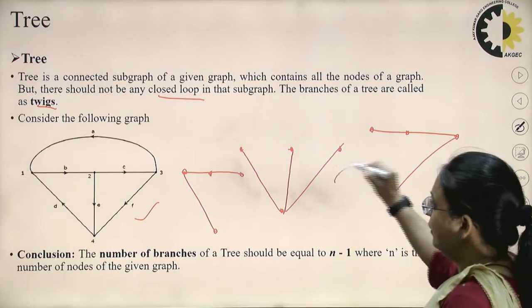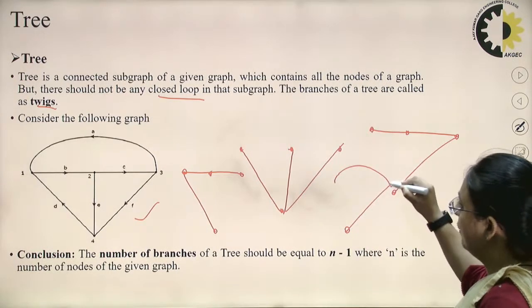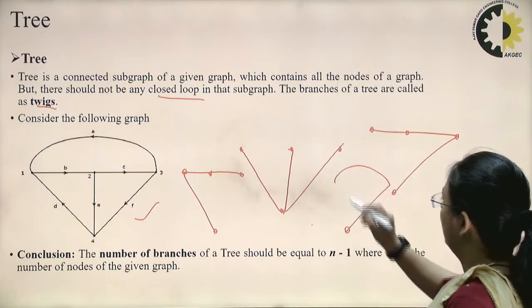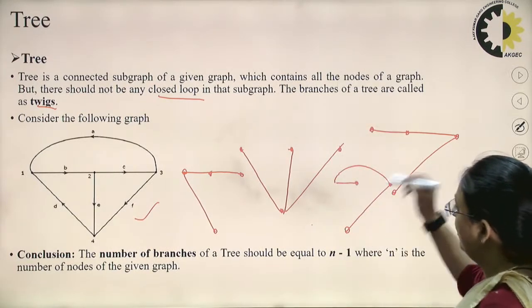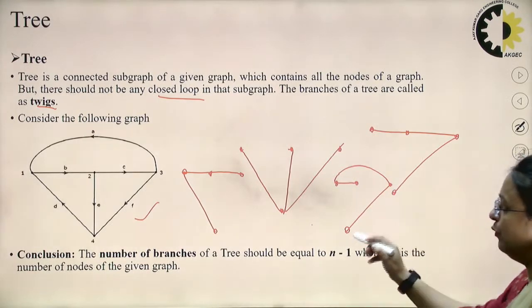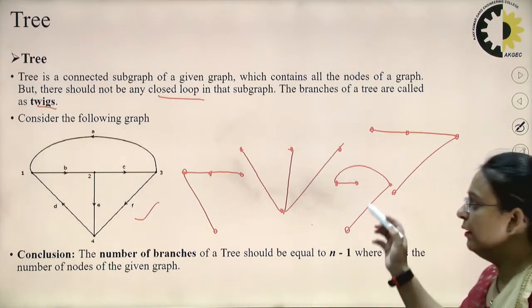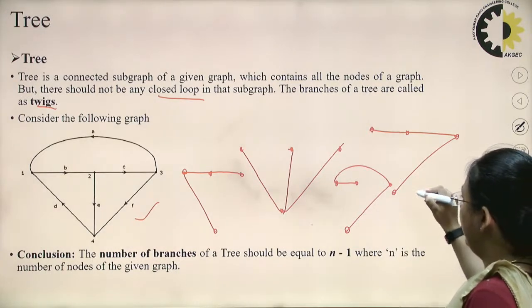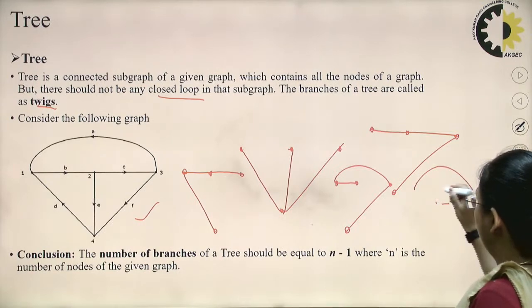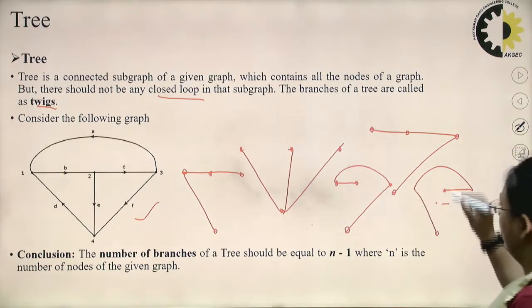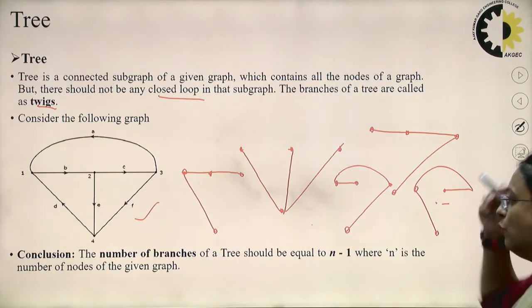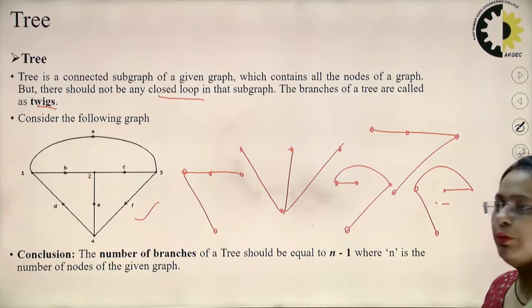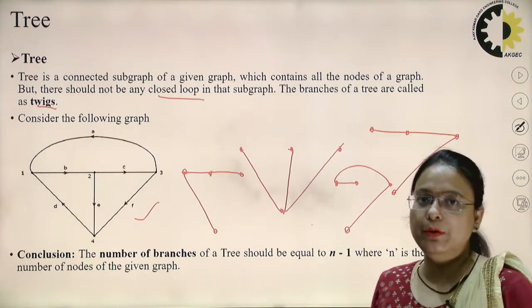I can also select this tree. You can see again here 1, 2, 3, 4, all the nodes are included and it is not a closed loop. Similarly, I can also take this tree. So from a given graph I am drawing a number of trees. There could be a number of trees from a particular graph.